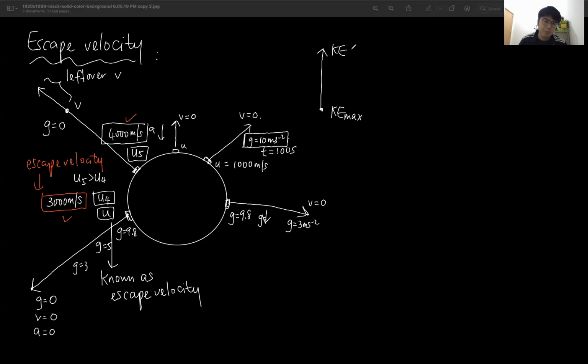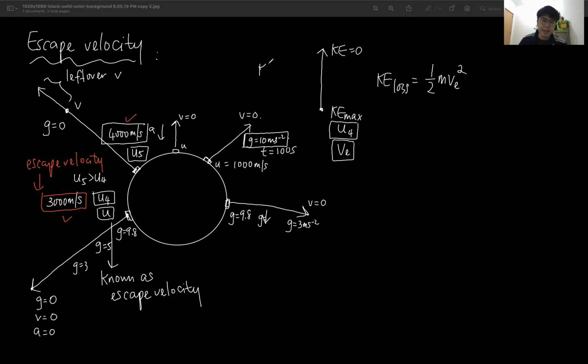KE is 0 at the top. So whatever velocity I give it, let's say this is the escape velocity U4 that I give it, I'm going to call this VE, escape velocity. So the KE loss is equal to half mVE squared from here to here.